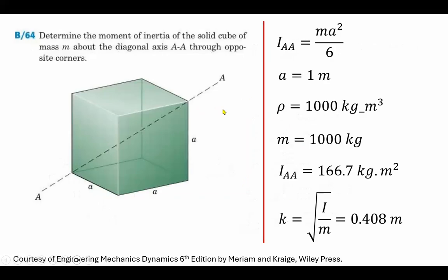And then I'm going to do an example of a box, 1 by 1 by 1 meter, with a density of 1,000 kilogram per meter cube. We find the moment of inertia with respect to an axis that I have chosen to be this line. We'll do that later.